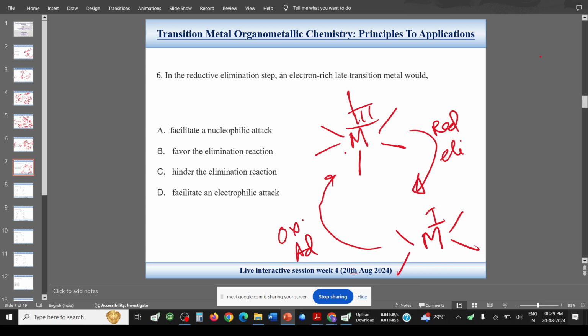So in the reductive elimination step, we have an electron rich late transition metal.